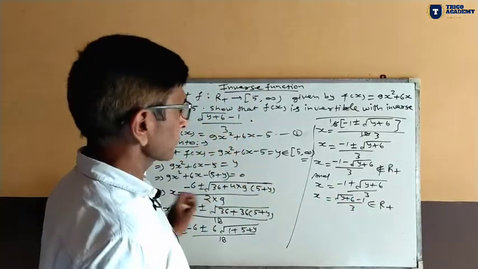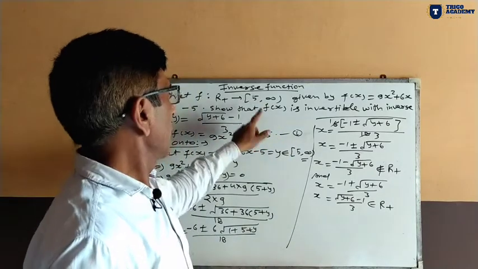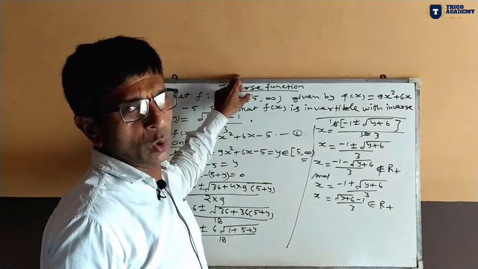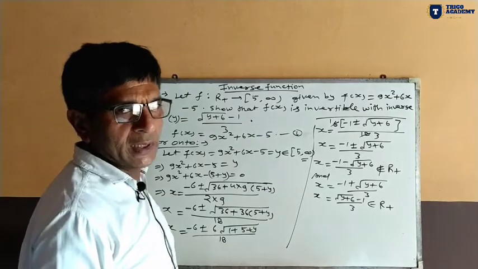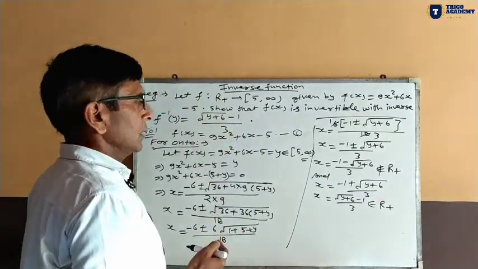It means there is no value in the codomain without pre-image. कोडोमेन के अंदर कोई भी ऐसा वैल्यू नहीं है जिसका प्री इमेज डोमेन के अंदर नहीं है.